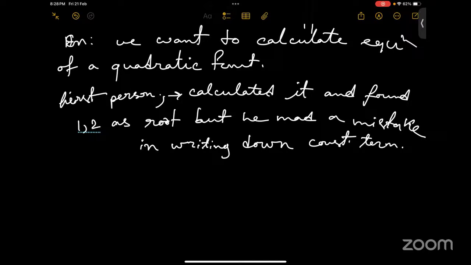The first person found the equation with roots 1 and 2, but he made a mistake in writing down the constant term.